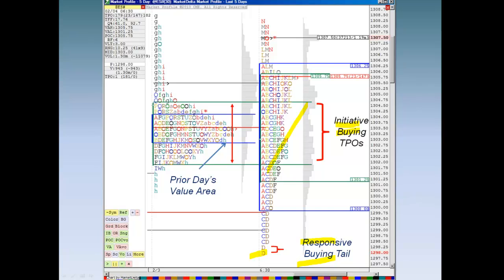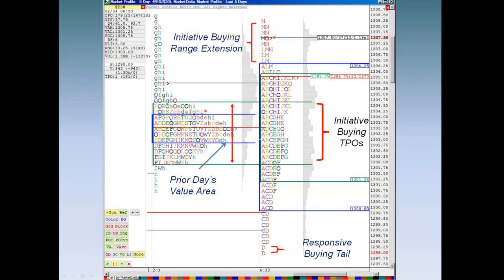Now, why is this initiative buying TPO and not selling TPO? If you notice, prices are moving higher, and the imbalance that we've looked at, the TPO count, tells us that the buyers are in control, and that's why this is initiative buying and not initiative selling.